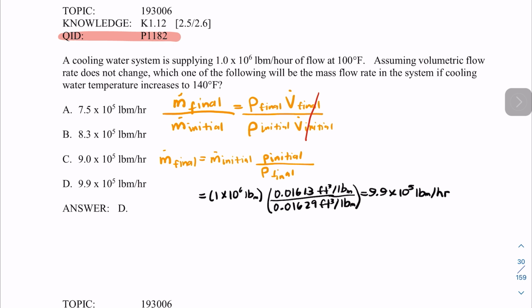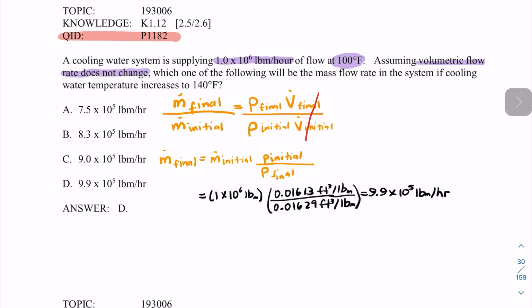It says a cooling water system is supplying 1 times 10 to the 6 pounds per hour of water at a certain temperature. So it's giving us this information, right? Okay, so assuming the volumetric flow rate does not change, so that's going to be important, right? The volumetric flow rate does not change.